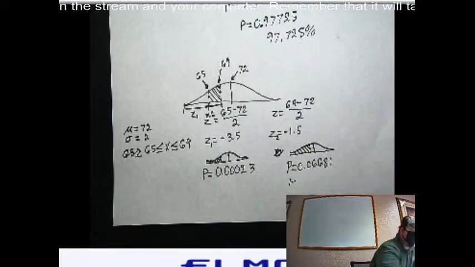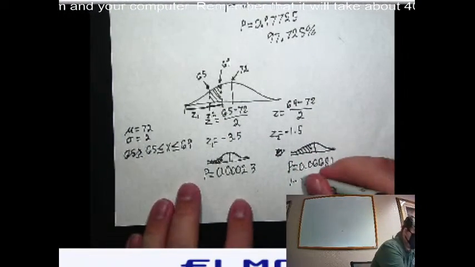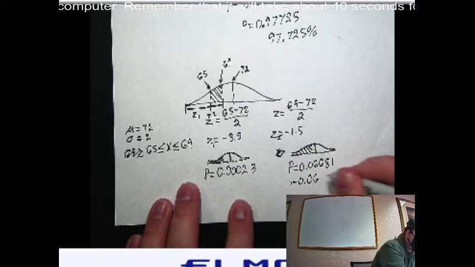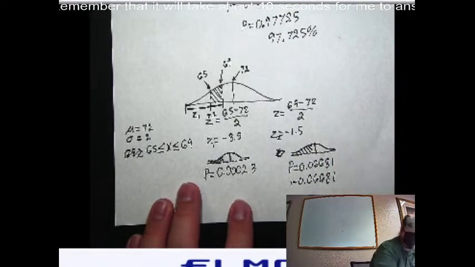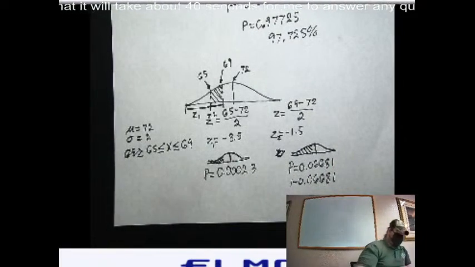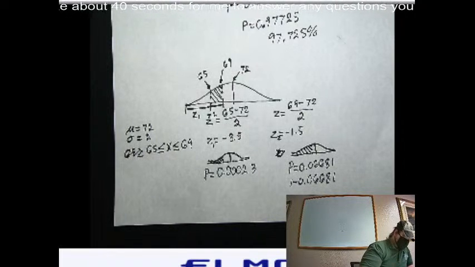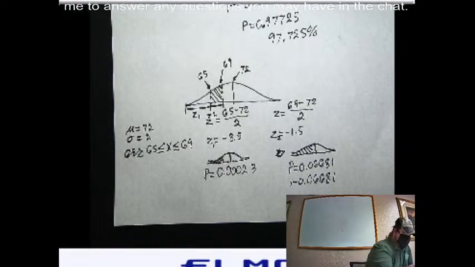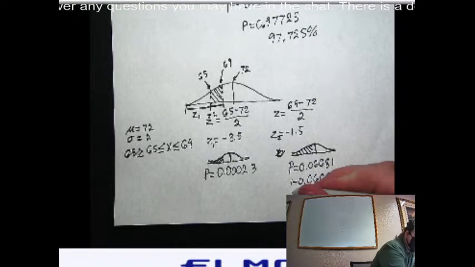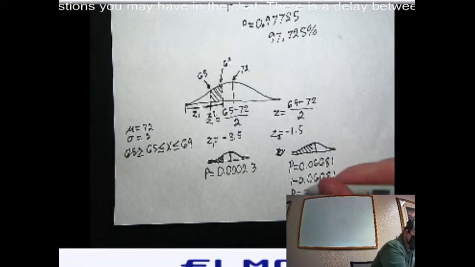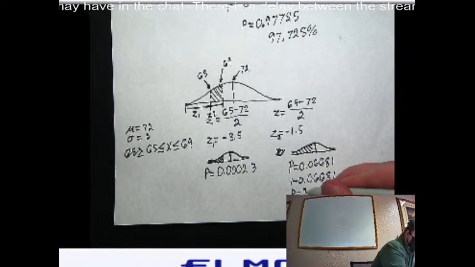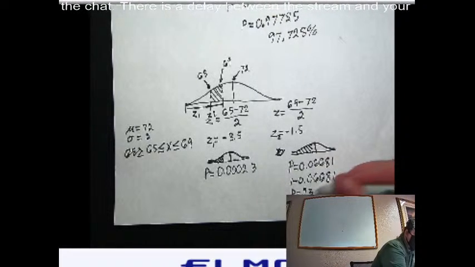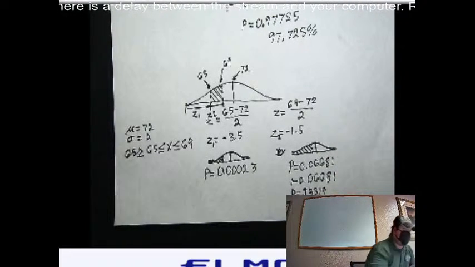So 1 minus 0.06681. See what that is. 1 minus 0.06681 is a new probability of 0.93319.